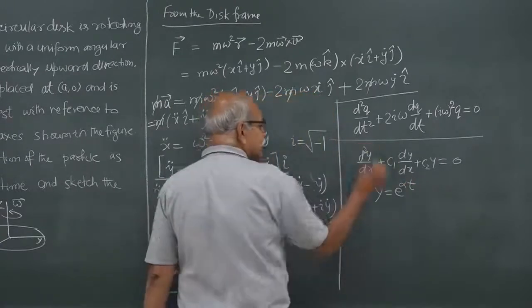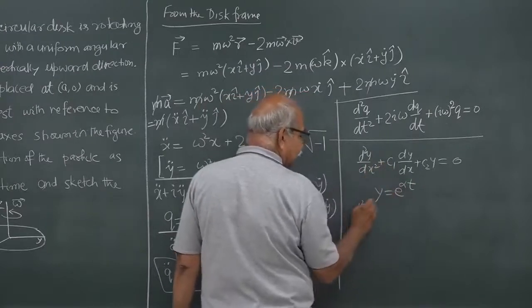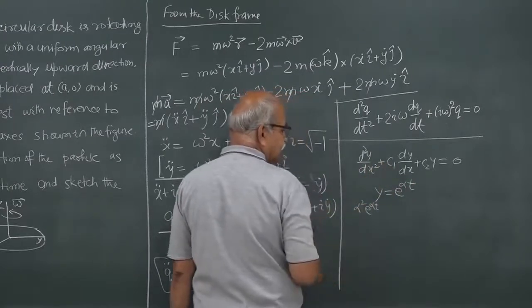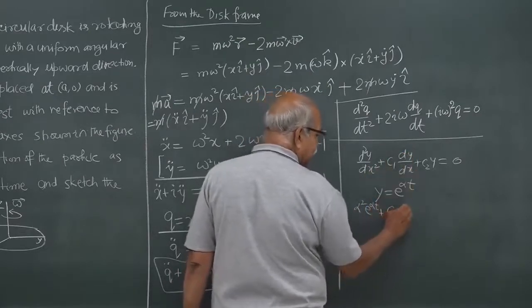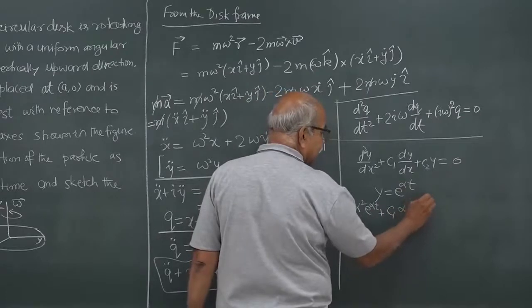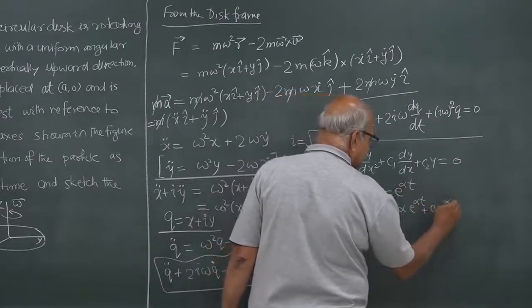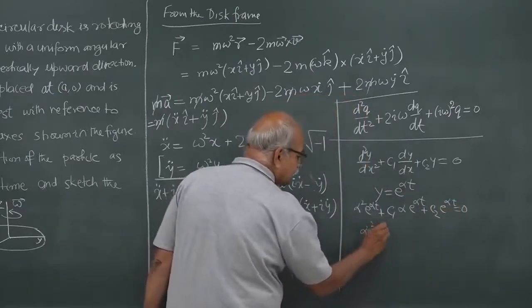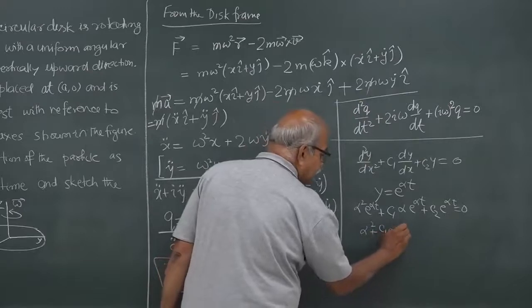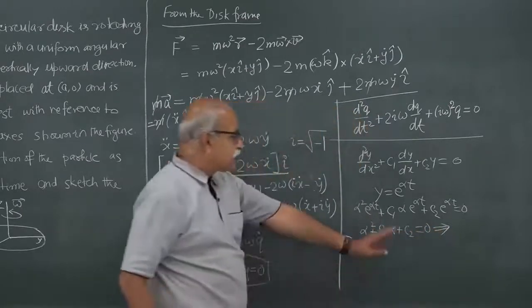If you put it here, you get the second derivative, so alpha square e to the power alpha t, plus c1 into first derivative, so alpha times e to the power alpha t, then plus c2 and simply e to the power alpha t is equal to 0, and that gives you alpha square plus c1 alpha plus c2 equal to 0. Then this is a quadratic equation.